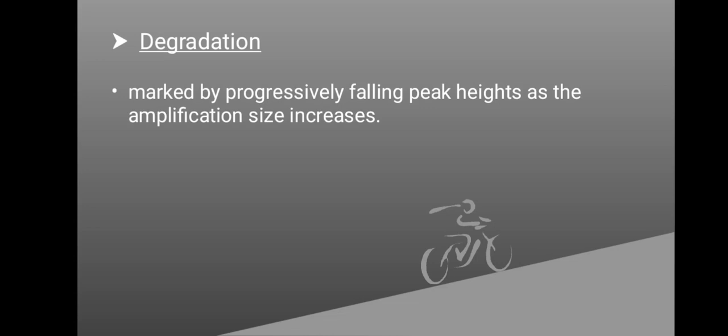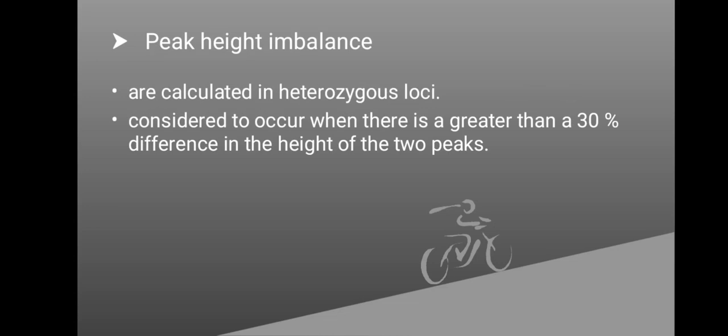Another factor that is difficult to explain is peak height imbalance. Peak height imbalances are calculated in heterozygous loci, that is one that contains 2 alleles. A peak height imbalance is generally considered to occur when there is a greater than 30% difference in the heights of the 2 peaks.